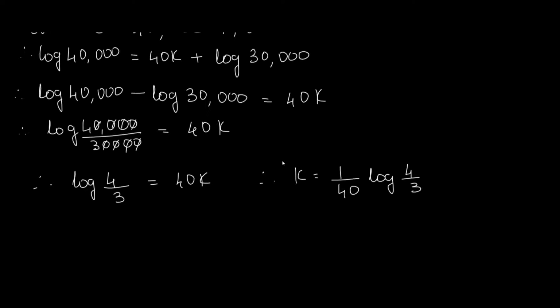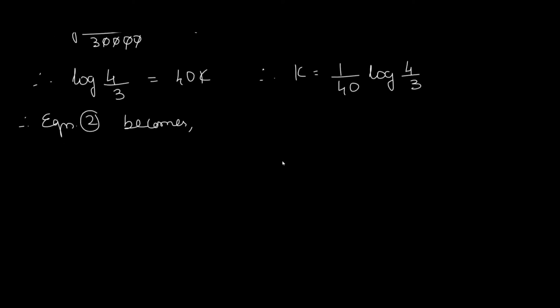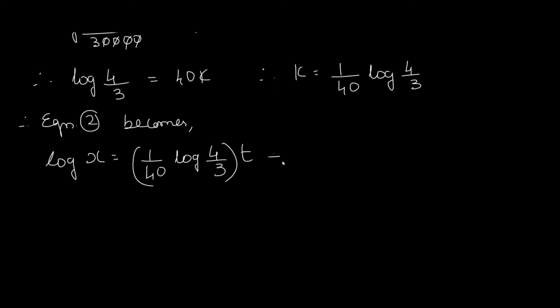Now putting this in equation 2, therefore equation 2 now becomes, we put the value of k in equation 2. So we get log x is equal to kt plus c, that is k becomes 1 upon 40 log 4 upon 3 into t plus c.